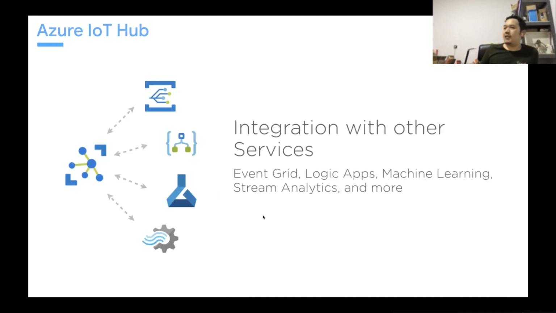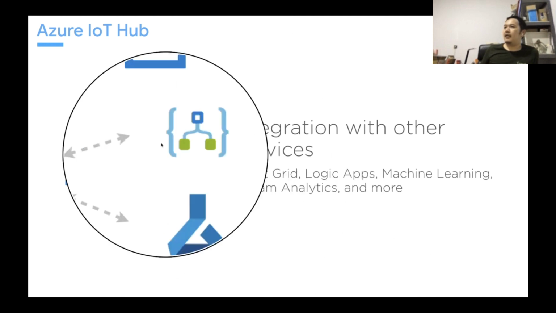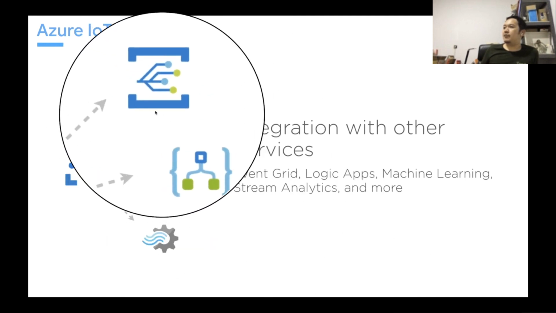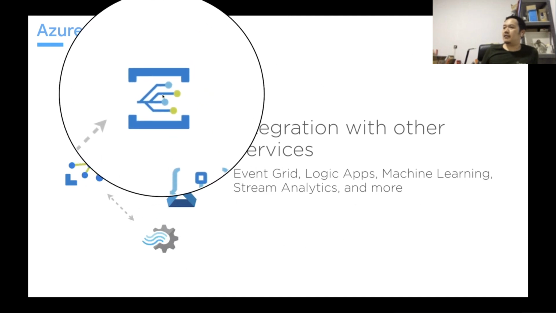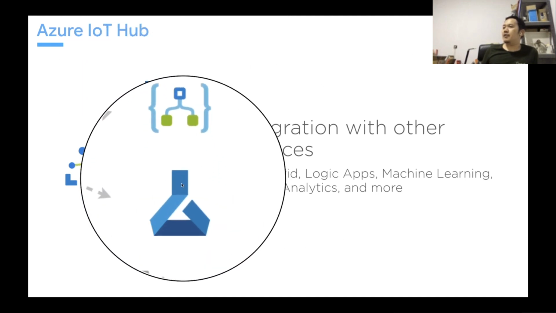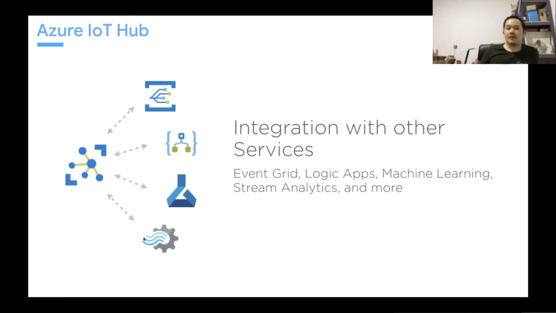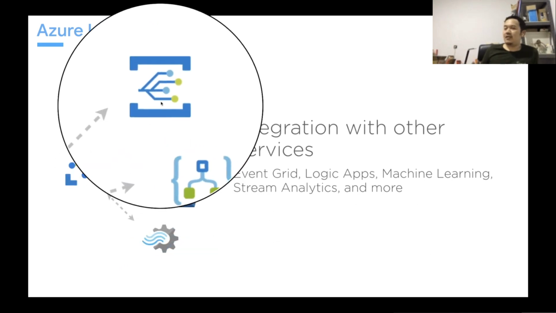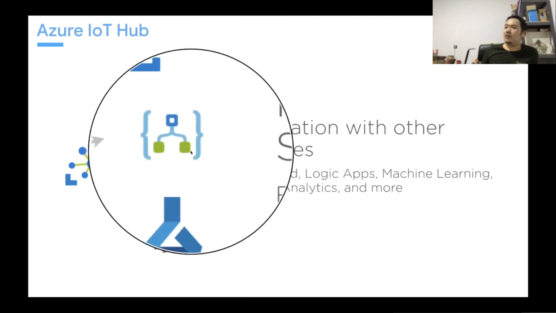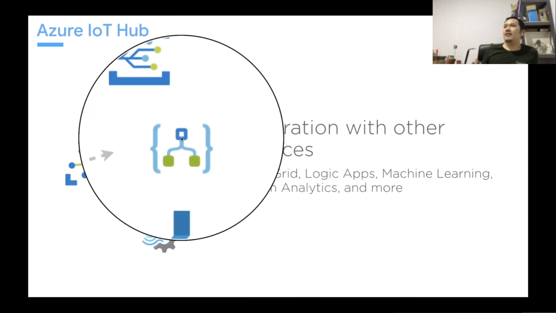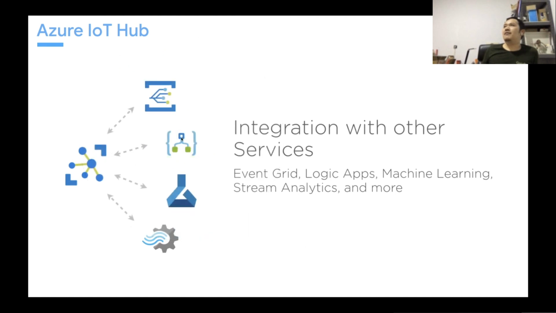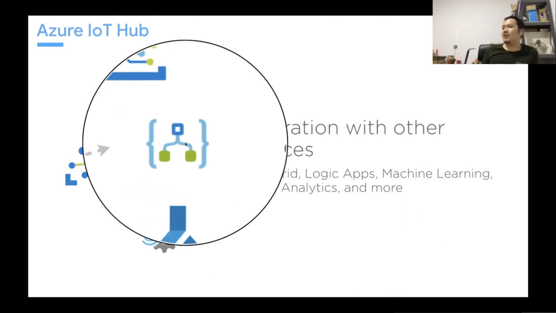Again, like I said in the beginning, we can integrate Azure IoT Hub with other services, like Event Grid, Logic Apps, Machine Learning, and Stream Analytics. Just a bit of introduction: Logic Apps is for automating business processes. In cloud computing, there's something called serverless architecture, and Logic Apps are like that.